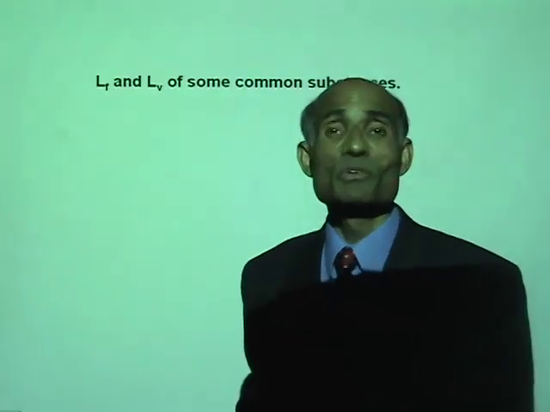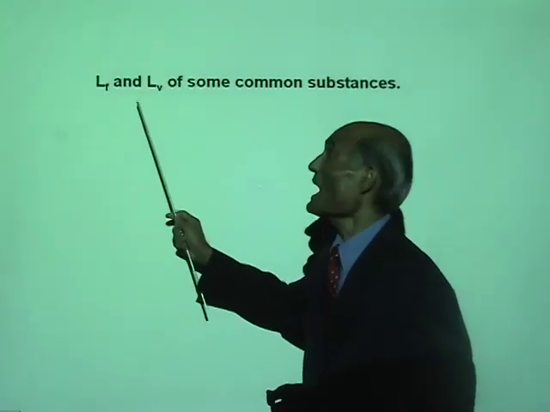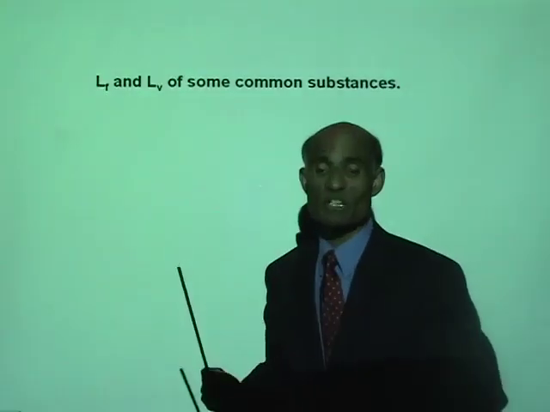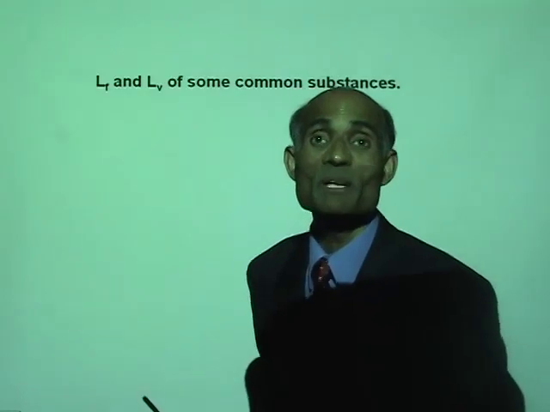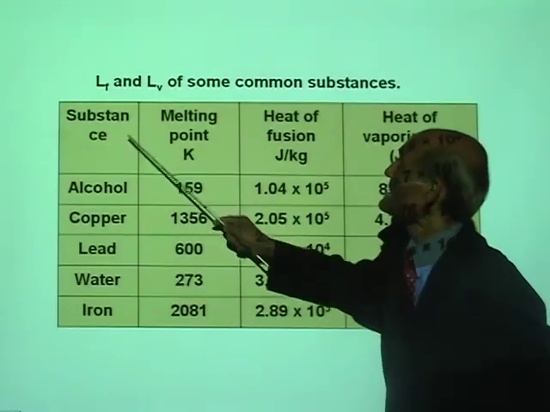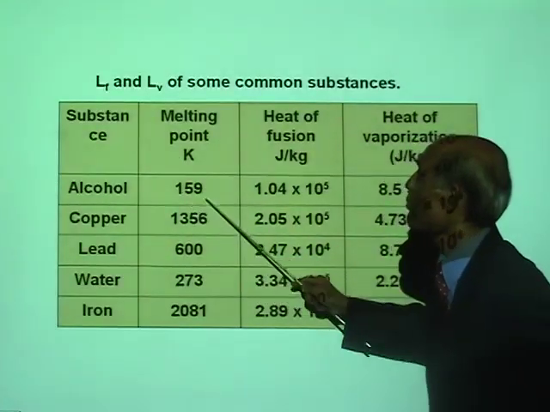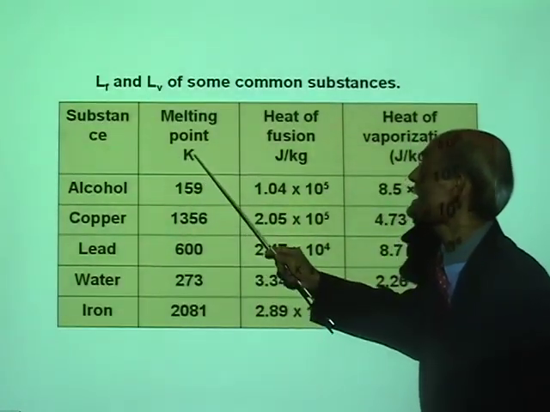Let me now give you some values of latent heat of fusion and latent heat of vaporization of some common substances. Now, the melting point of alcohol is 159 Kelvin.